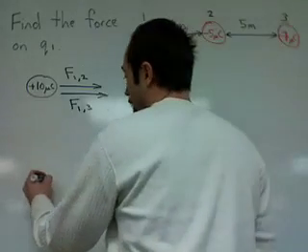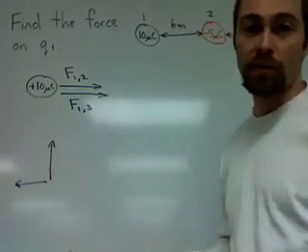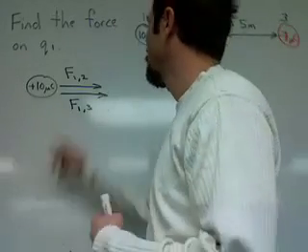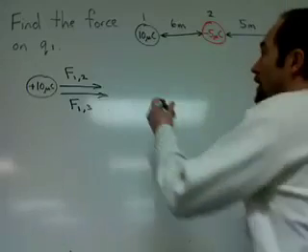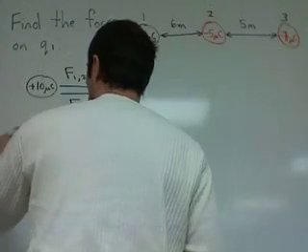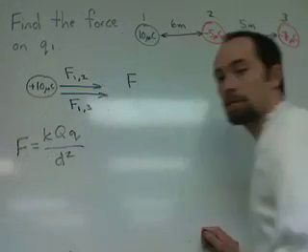If they were pointing at an angle, you would have to add them together as vectors, okay? But doing this problem, they're both pointing the same way, so I need to figure out how big each force is. We know the formula is kQQ over d squared.